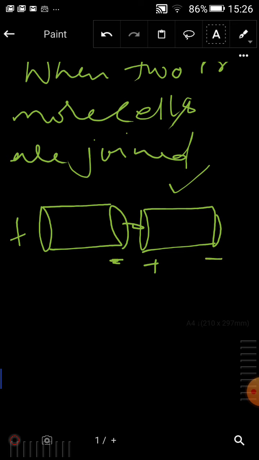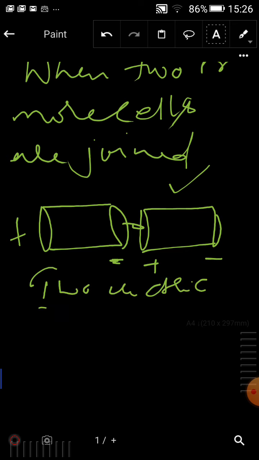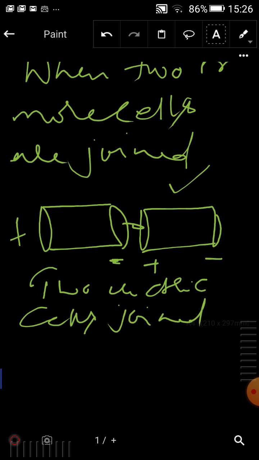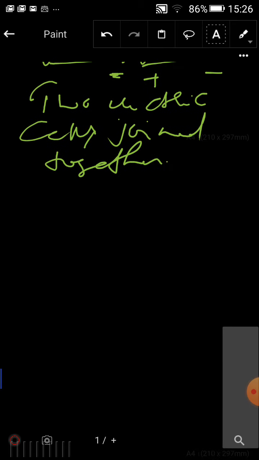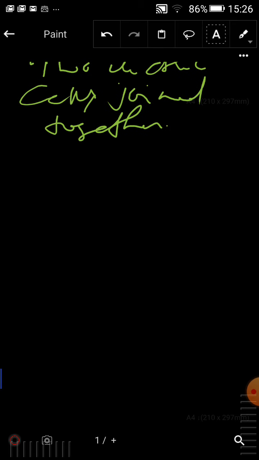Like this the combination will be. Two electric cells are joined together. Clear? In that case it can be called a battery.